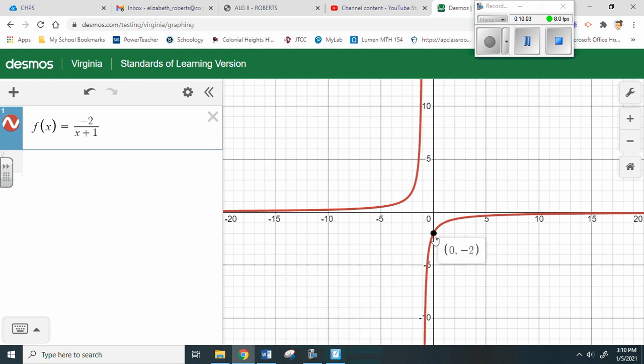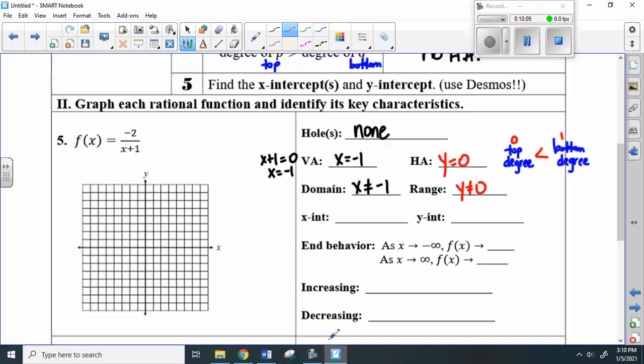So my y-intercept is at 0, -2, but I don't have an x-intercept. And that makes sense because I have a horizontal asymptote on the x-axis, so I shouldn't touch it.